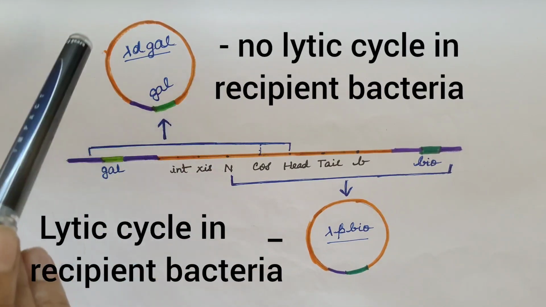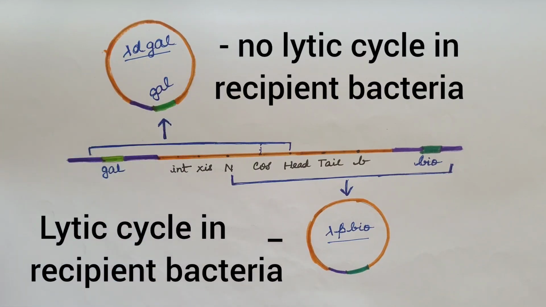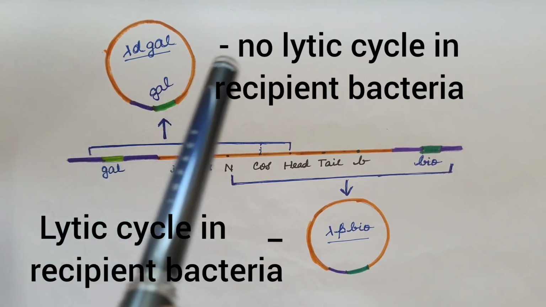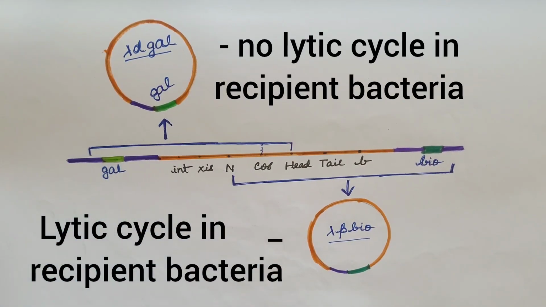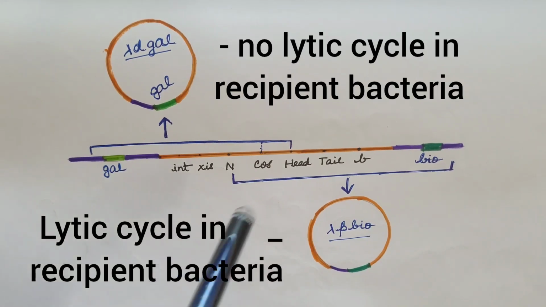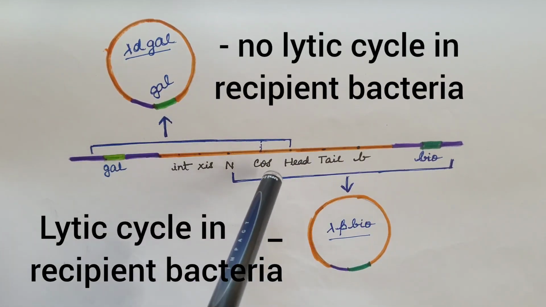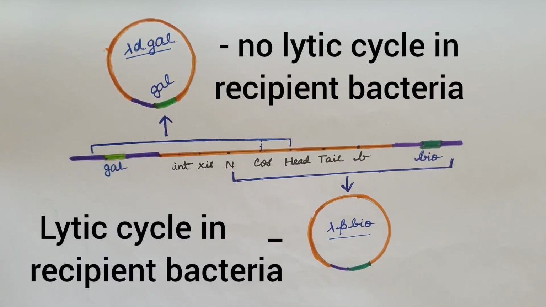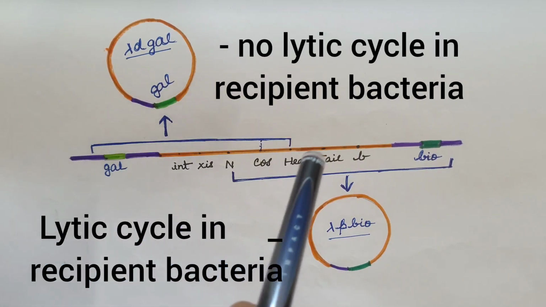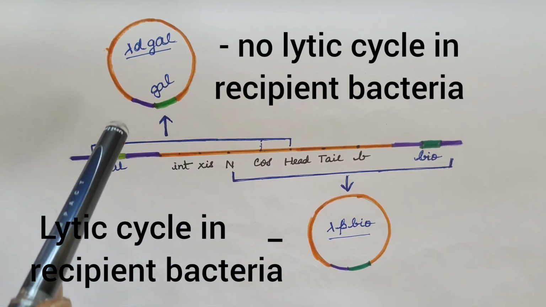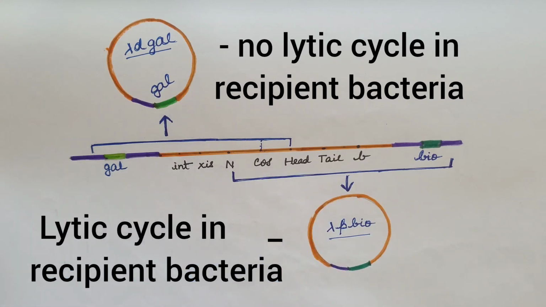So here they are performing specialized transduction, but new viral particles are not formed because here the essential genes, head and tail genes, are missing. Hence, essential gene products or head and tail proteins are missing. So, new viral particles are not formed. That means the virus is not able to reproduce or perform the lytic cycle.